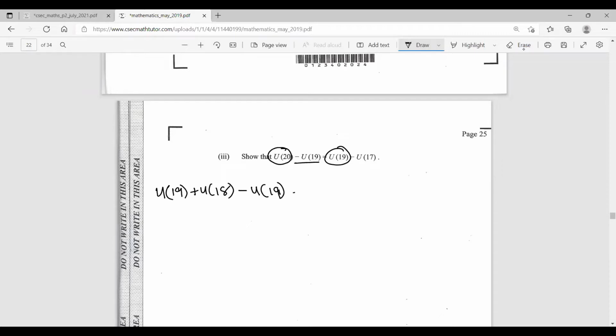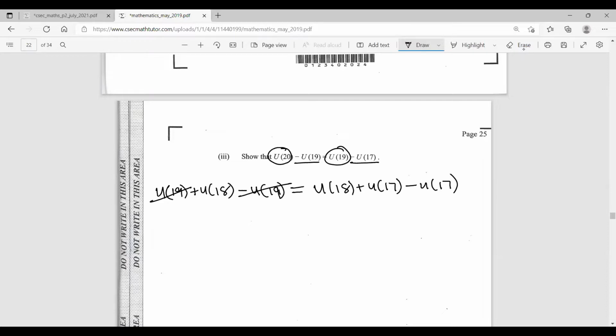Now break up the first one again. U19 is equal to U18 plus U17, minus U17, right? Yes. According to algebra, U19 minus U19 cancel out, right?